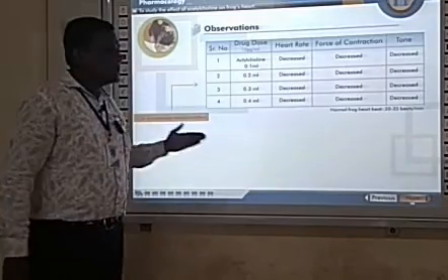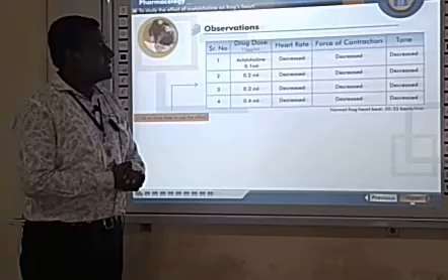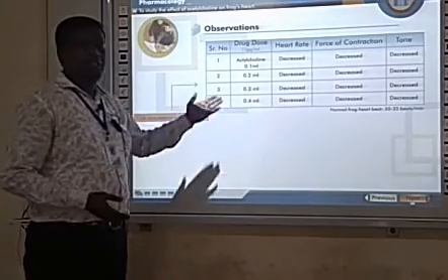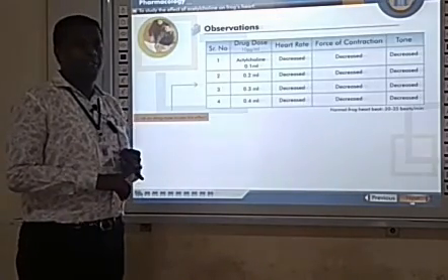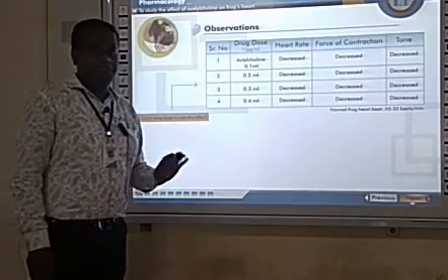So this is the observation table of today's practical to study the effect of acetylcholine on isolated frog heart preparation. It means acetylcholine shows negative chronotropic and negative inotropic effect, meaning it decreases heart rate and decreases force of contraction.